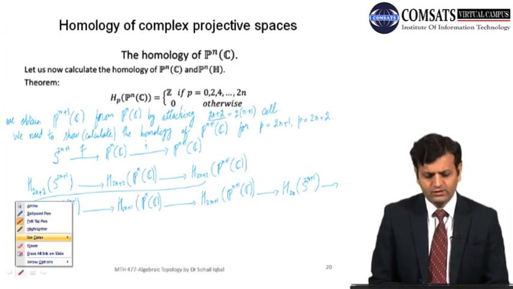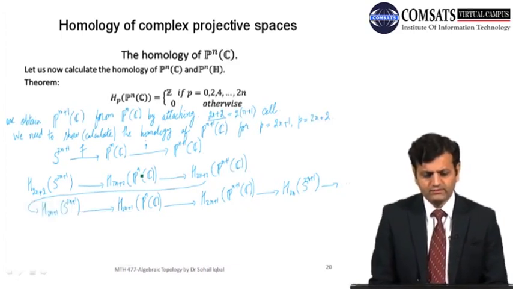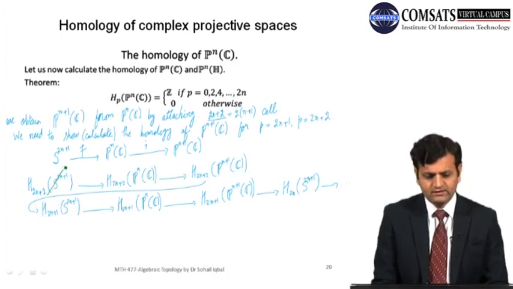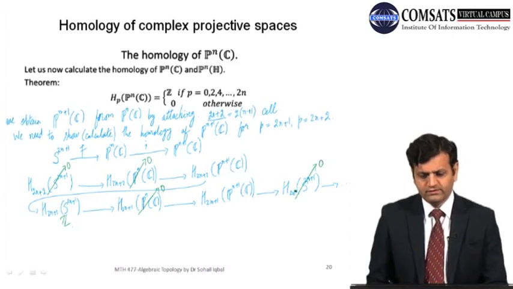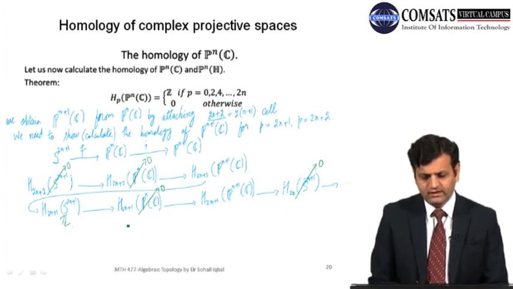We know the homology of the sphere and of the n-dimensional projective space. The homology of the sphere implies that this is 0 and this is Z, and we also know that this is going to be 0 because the homology is Z only up to 2n, and this is 2n+2. From the same result we see that this is 0 and this is also 0 from the homology of the sphere. So this implies that H_{2n+1} of the n+1 projective space is equal to 0.